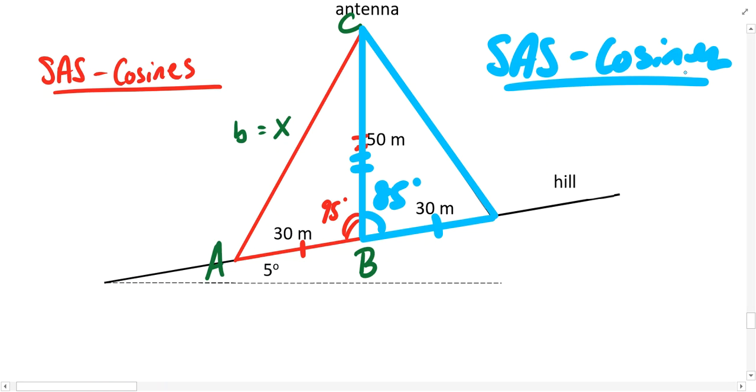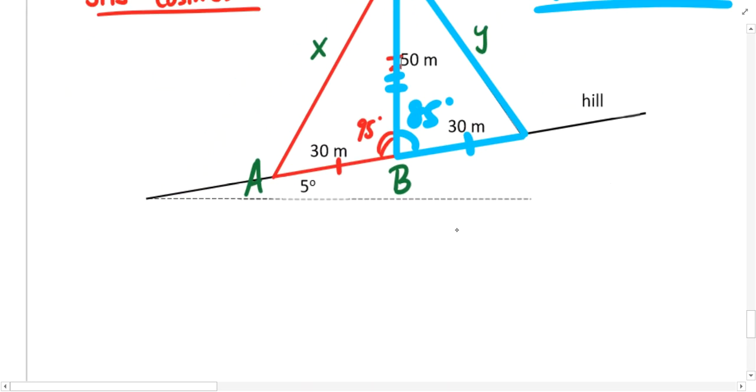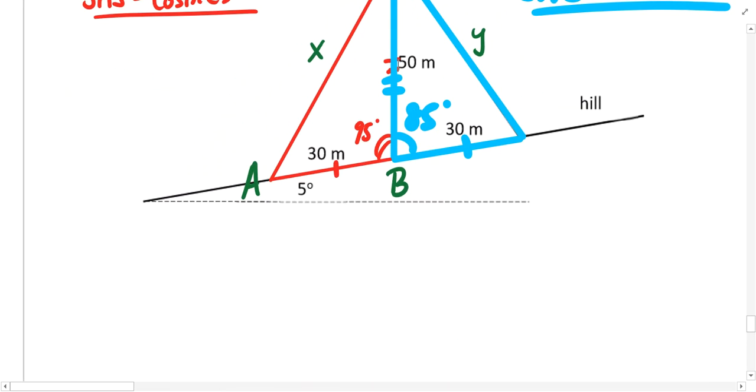So since these two are similar, I think what I'll do to solve for x and y is just to set up the expression for the law of cosines that allows me to solve for the side length that's opposite of the provided angle measure. At this point in class, you should have had enough practice to do this, and you also have your formulas available for reference on this test. So I certainly think that this setup is reasonable for you as well.